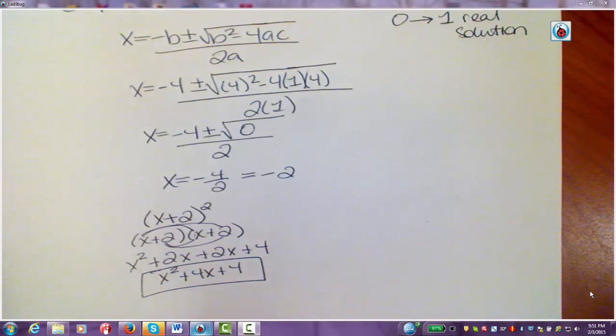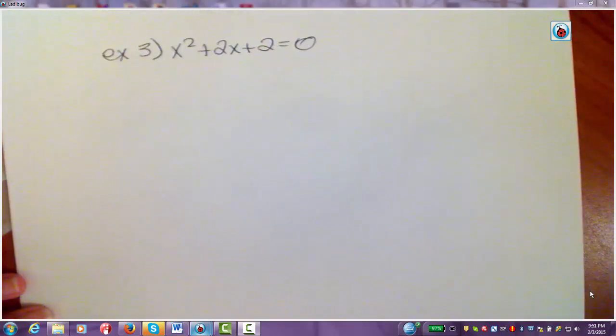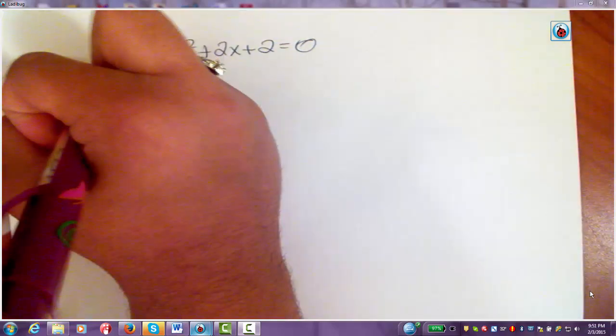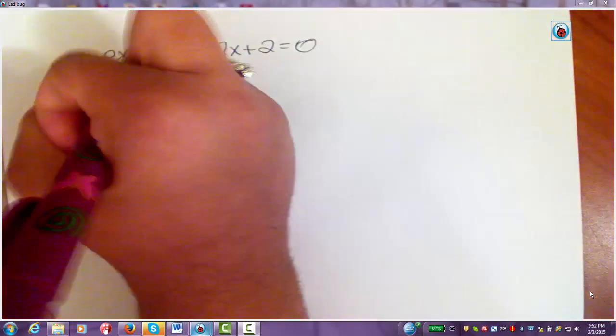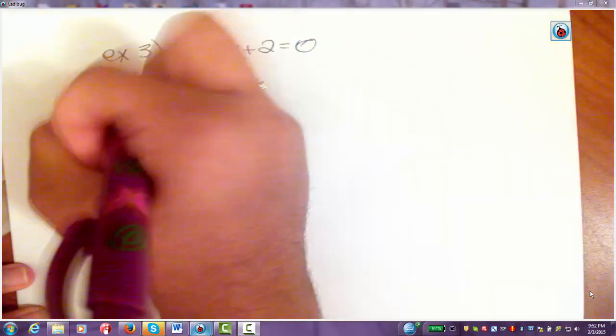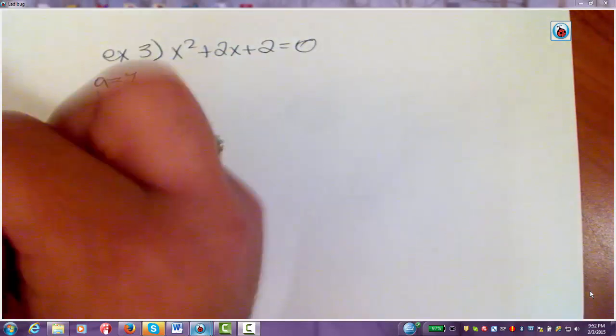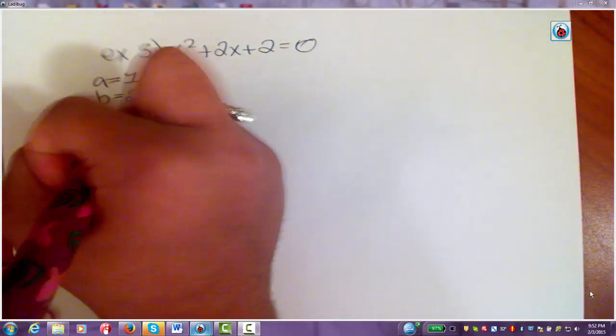Alright, so now I am going to do the last example, example 3. So example 3, x squared plus 2x plus 2 equals 0. So let's start by writing our a, b, and c values. So a is 1, b is 2, and c is 2.